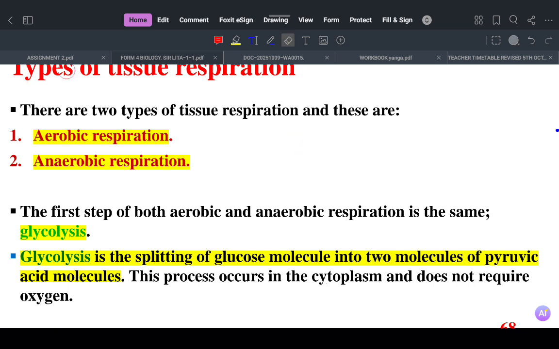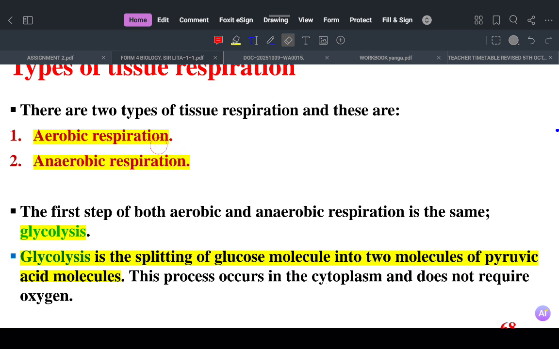Alright, so today we continue looking at the topic, and in this lesson we are going to be looking at the different types of tissue respiration. Basically, there are 2 types of tissue respiration, namely aerobic respiration and anaerobic respiration. So pay attention as we discuss these 2 types.